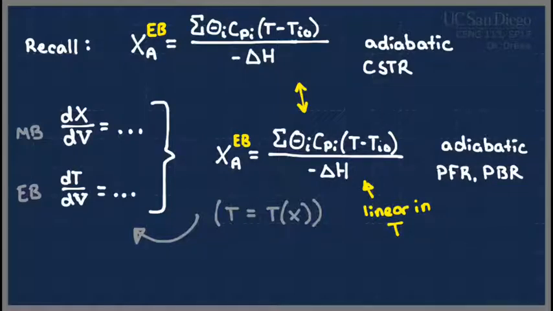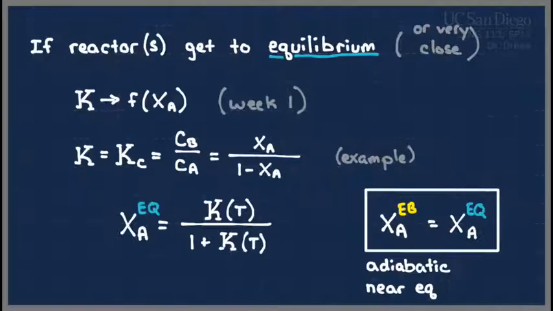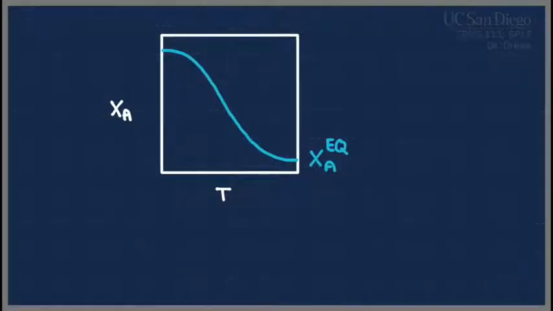The slope would be equal to whatever the sum of theta I CPI over delta H happens to be, but it'll just be a straight line moving from left to right on our plot. So I can add another one. That should be a straight line, and this represents X, the conversion of A, based on the energy balance.